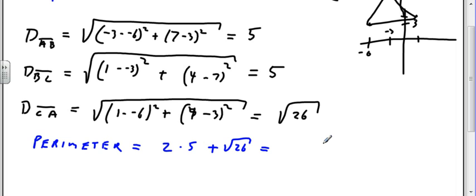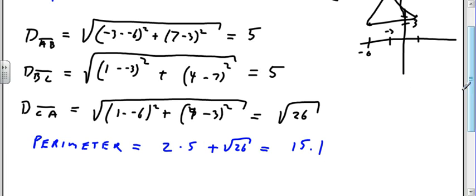And we probably want that as a number: 10 plus the square root of 26. We'll call it 15.1. No units. Okay, so that's my perimeter.